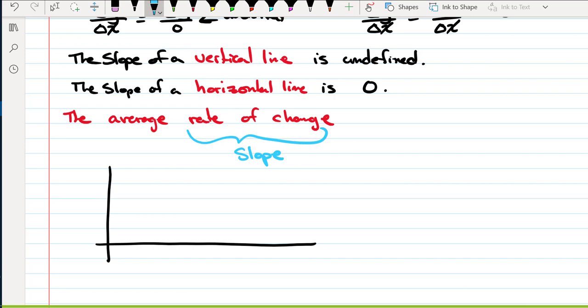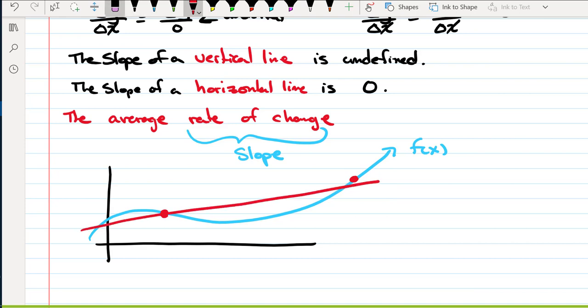So let's imagine I have some function, f of x, that looks like this, and I want to find its average rate of change. Well, for things that aren't lines, we don't really have a formula for slope.